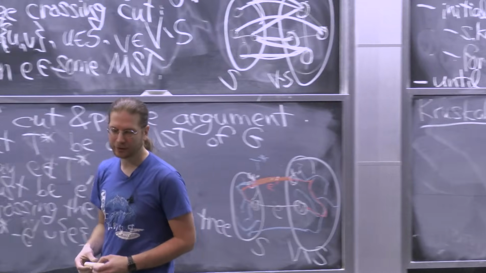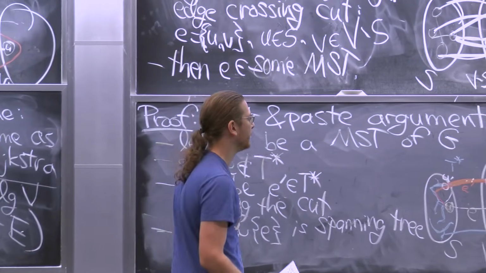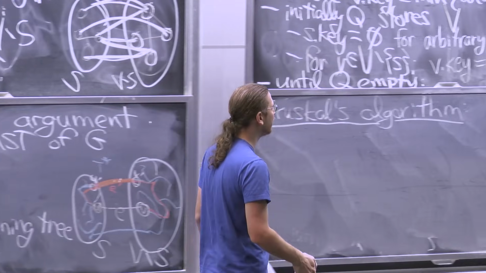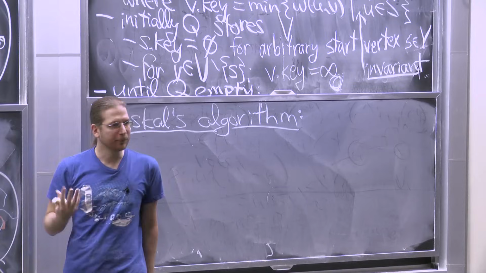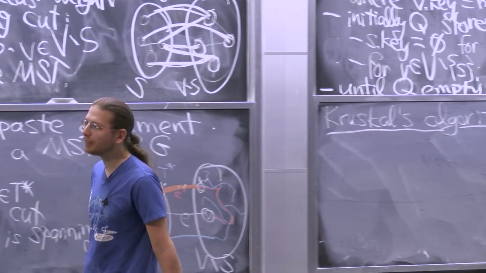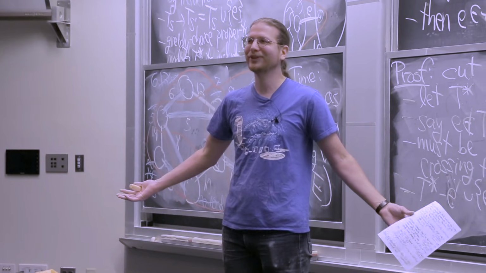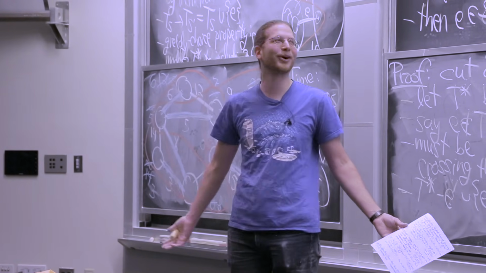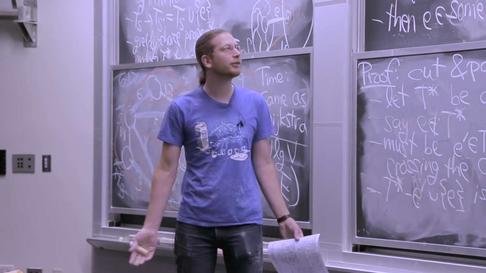Kruskal's algorithm is a little bit weirder from the S perspective, I guess. But we'll see what cuts we're using in a moment. But it's based around this idea of, well, the globally minimum weight edge is the minimum weight edge for all cuts that it crosses. The globally minimum weight edge is going to be a valid choice.